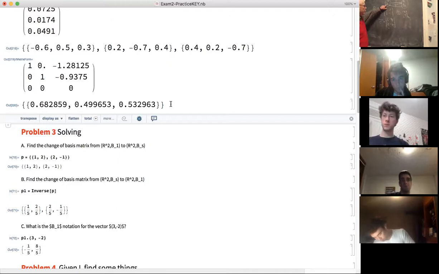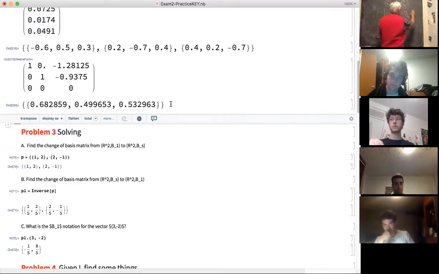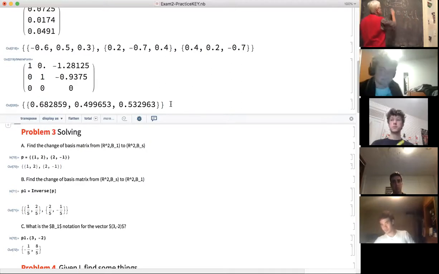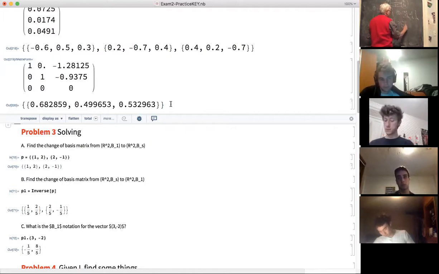So that vector lives here on the left, and we want to change it here. This is only a language change. The actual vector doesn't change, just the language. So what is this equal to in the standard basis? P takes you over. So you want to take P times (3, minus 2), and the result will be in standard basis notation.